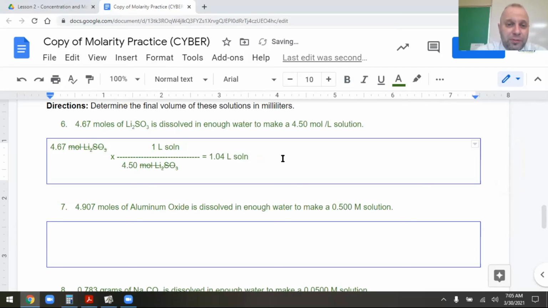Now, the problem specifically asks for milliliters of solution. So as a reminder, our problem asks for an answer in milliliters. So we're going to set up a second step here where we convert from liters into milliliters, and you can do this in your head.